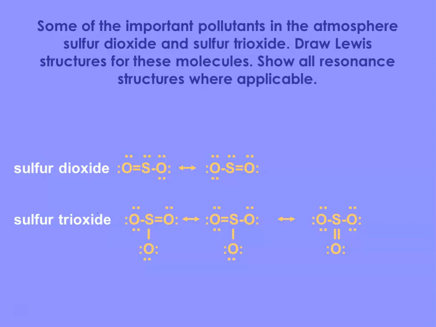You will use up all 18 to take care of the oxygen atoms on the outside, but that means that sulfur would not have a 4th pair without a multiple bond. So by sharing an electron pair with oxygen, it's able to make 3 different resonance structures because there's no particular reason for it to form a double bond with any of the oxygens. It would form it with all 3.